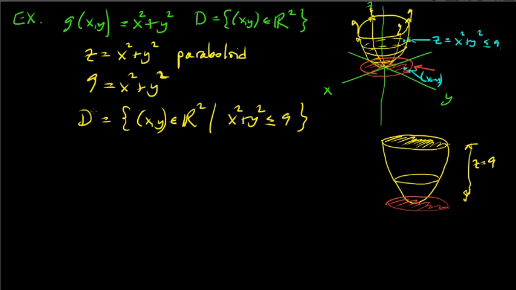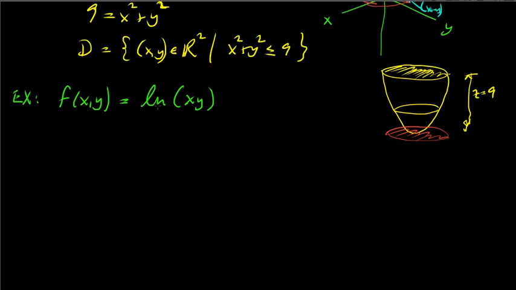And in fact, in some examples, of course, you have to. So in this example here, let's say f of x is equal to the natural log of x times y. Okay, so I'm not going to try to graph this one.